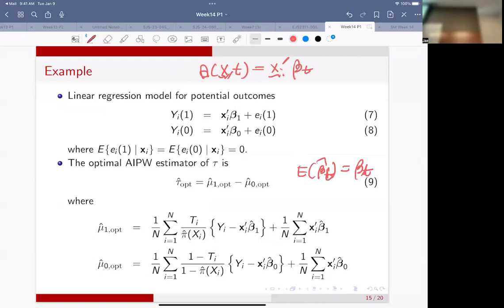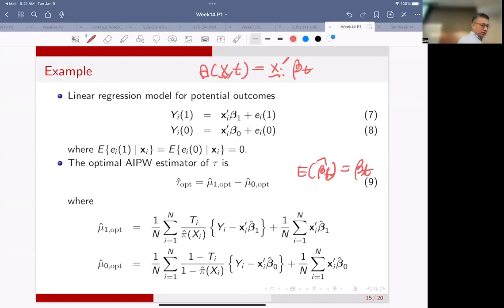And that's probably not realistic. You may not believe that both models are correct. That's a little bit strong a situation. So now the more interesting question is, what if only one among the two is correct, only one.